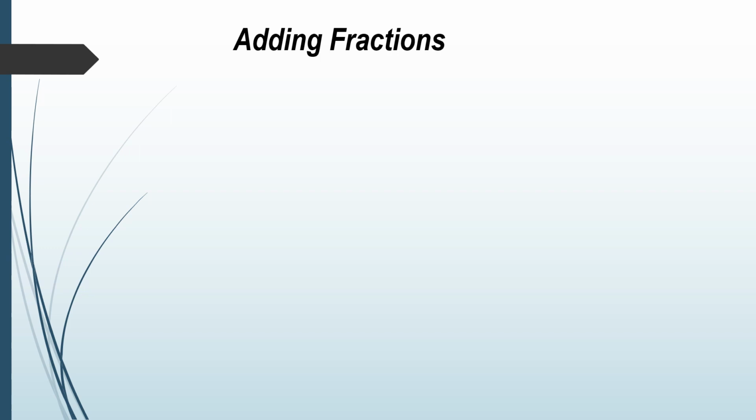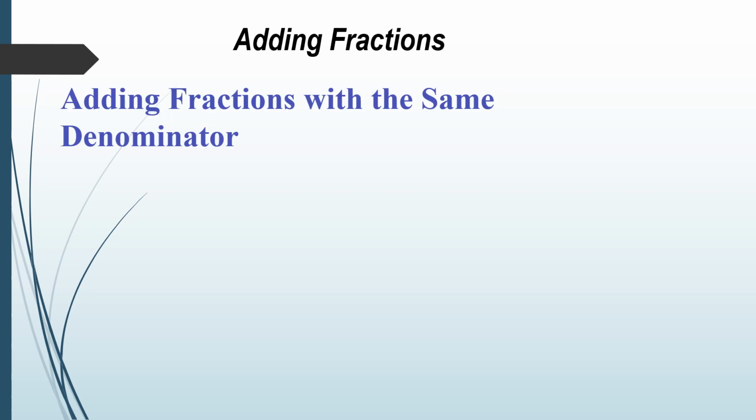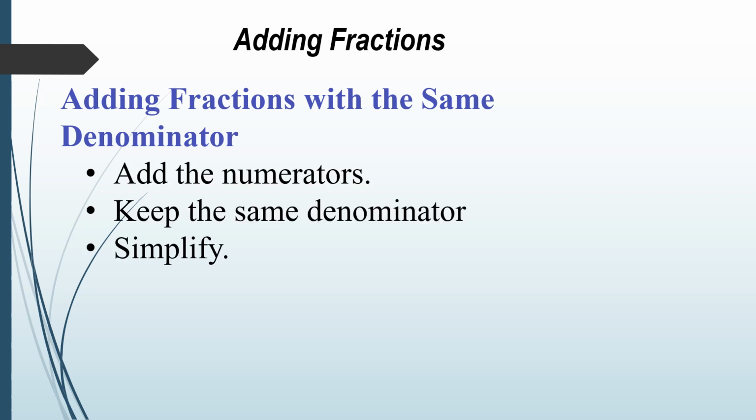Okay, now let's have this one. Adding fractions. So how do we add fractions or rational numbers? Same denominator. When we say same denominator, they are similar fractions, right? Okay, alike. So add the numerators, keep the same denominator, and then simplify.